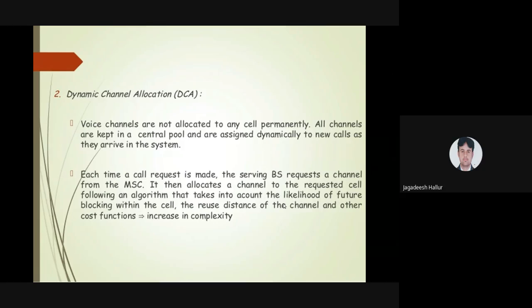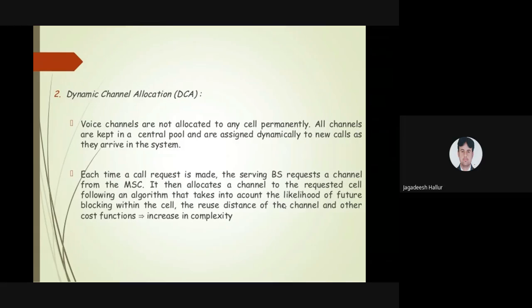What is dynamic? Unstable, variable: dynamic channel. There are many channels available in a particular cell. If no channels are available, you can immediately take a channel from the other cells. He can't use any borrowing process.